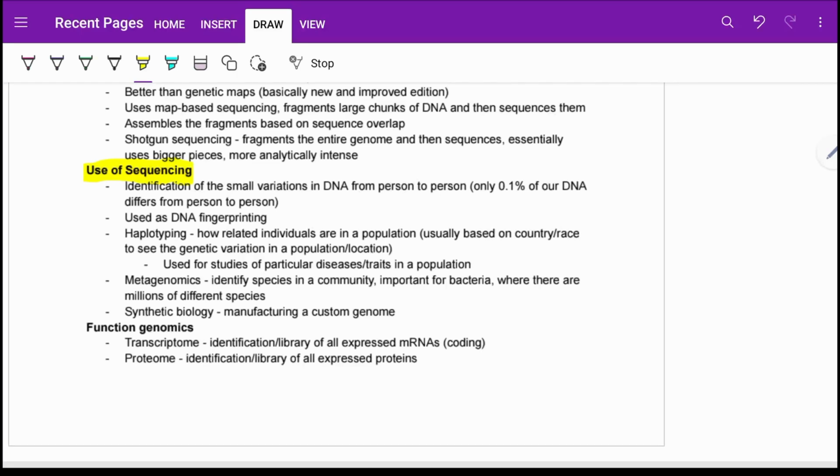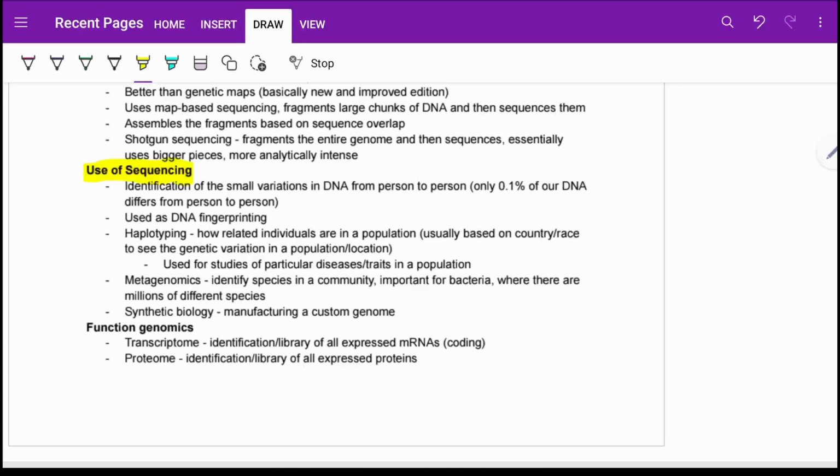So we can see the genetic variation based on country. Sometimes certain populations are more susceptible to certain diseases, and we can see what is the genetic variation that makes this population more susceptible to this disease than this population. And a lot of people do that based on countries, continents, location, really isolated populations versus less isolated populations.